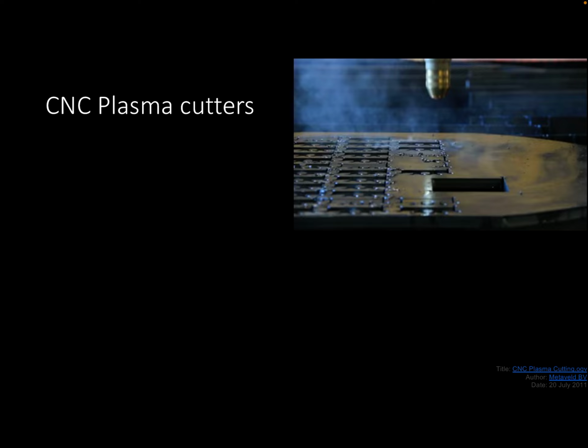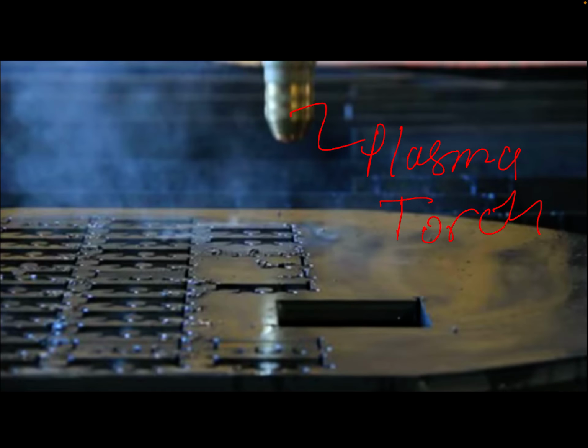A plasma cutter machine is a machine that carries a plasma torch. Here is the plasma torch. Here you can observe this plasma torch cutting the different geometries on the sheet.